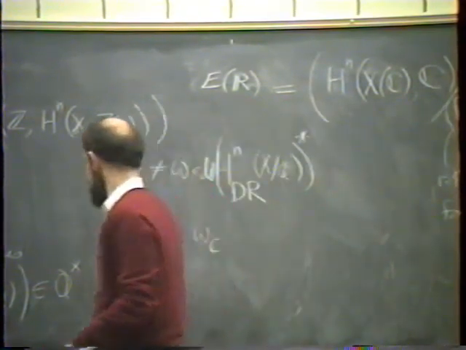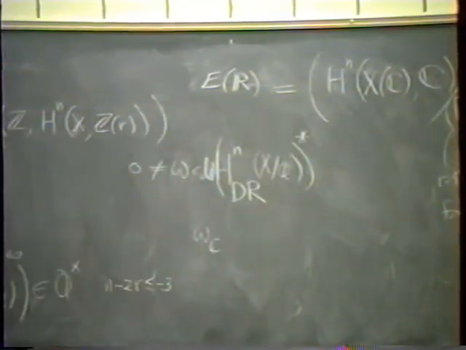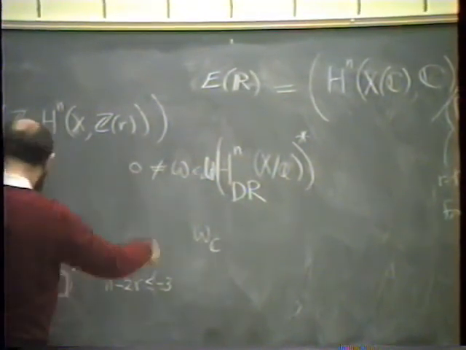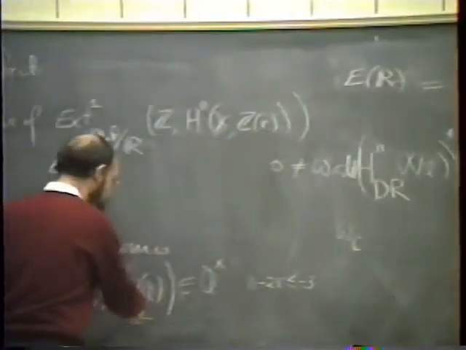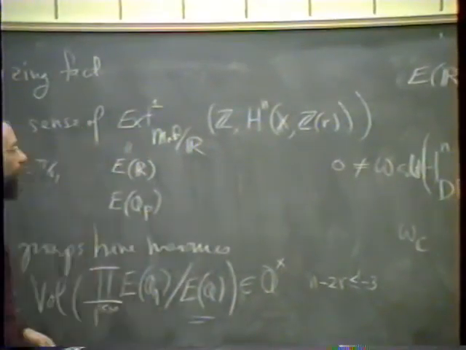And the possible failure of co-compactness here is made up for by the existence of these rational points, which I haven't talked about.